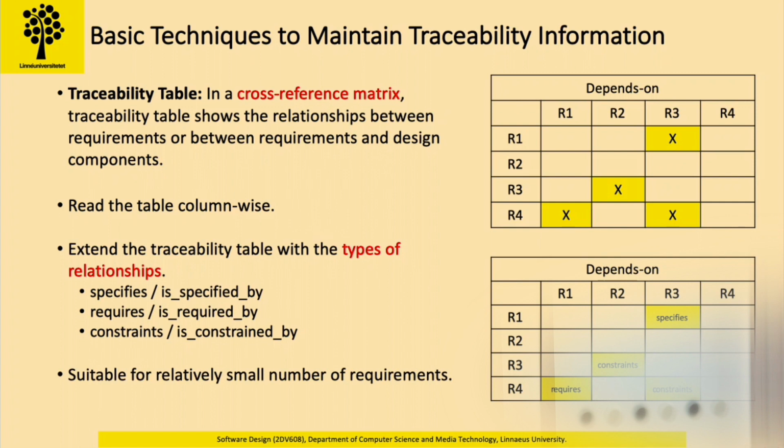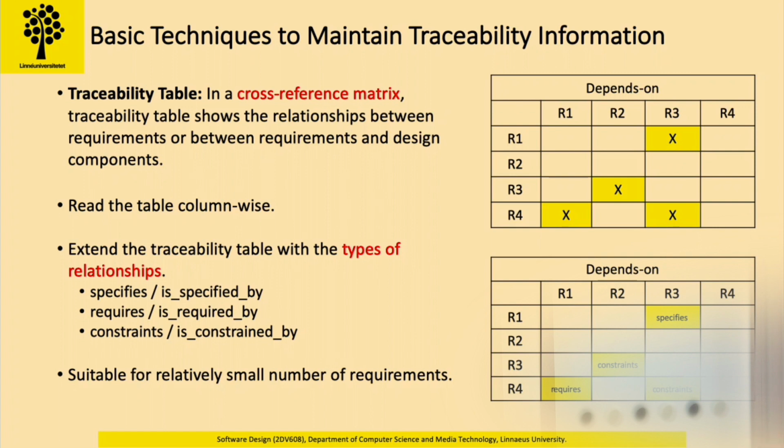And this table-based approach is good for a small number of requirements, because now you have 4 multiplied by 4, so 16 cells or 16 pieces of information that you need to store. But what if you have 200 requirements or 100 requirements? That will be too much to store or process in this way.